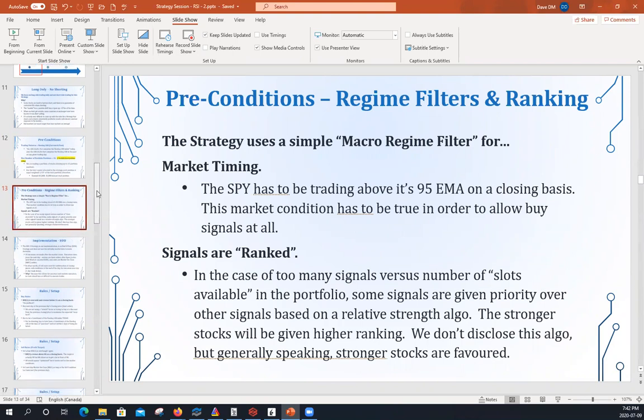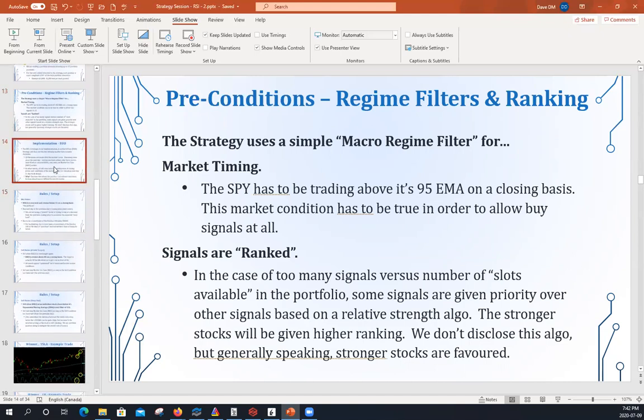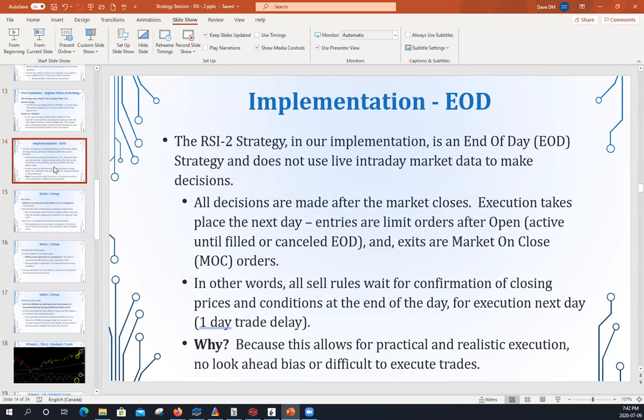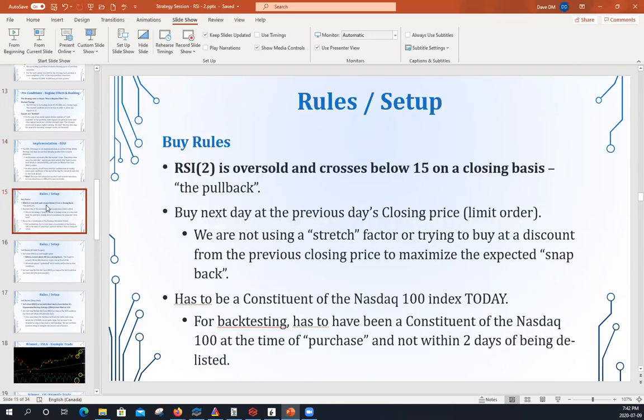That's the actual SPY. In terms of the implementation, it's an end of day system, so we wait for the closing prices of everything. Our buy rule is the RSI has to be oversold. It has to close below 15 on a closing basis. That's our pullback. We're going to buy at the previous day's closing price using a limit order. We're not using any kind of stretch factor.